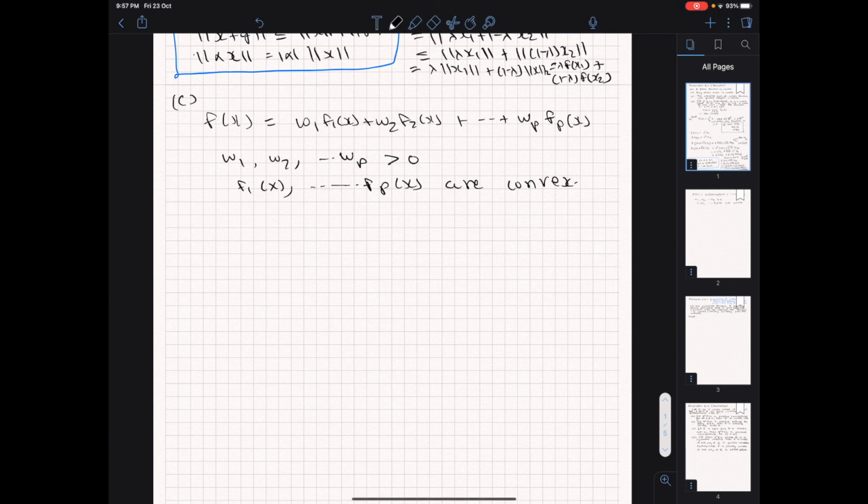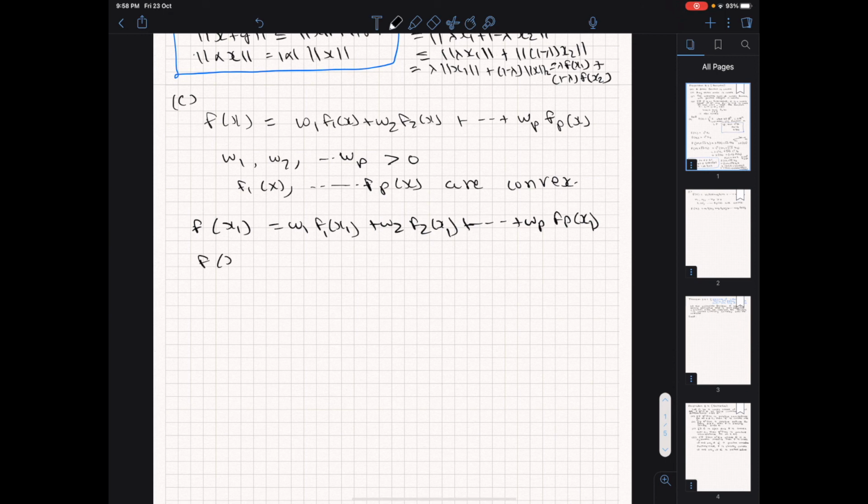So now just look at f of x1. What is that? w1 f1 of x1 plus w2 f2 of x1 and so on up to wp fp of x1.